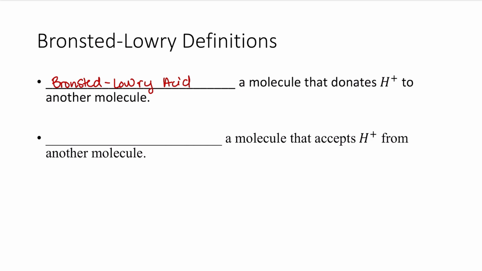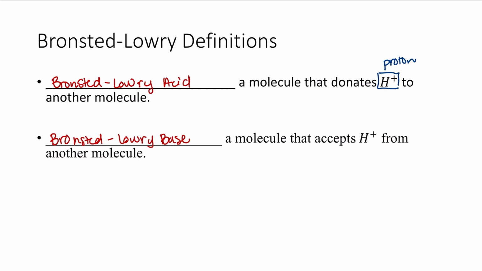Remember, in chemistry, a lot of times we refer to hydrogen ion as a proton because that's all that is in it. So the acid is something that donates the proton. The Bronsted-Lowry base is something that accepts that proton from another molecule.